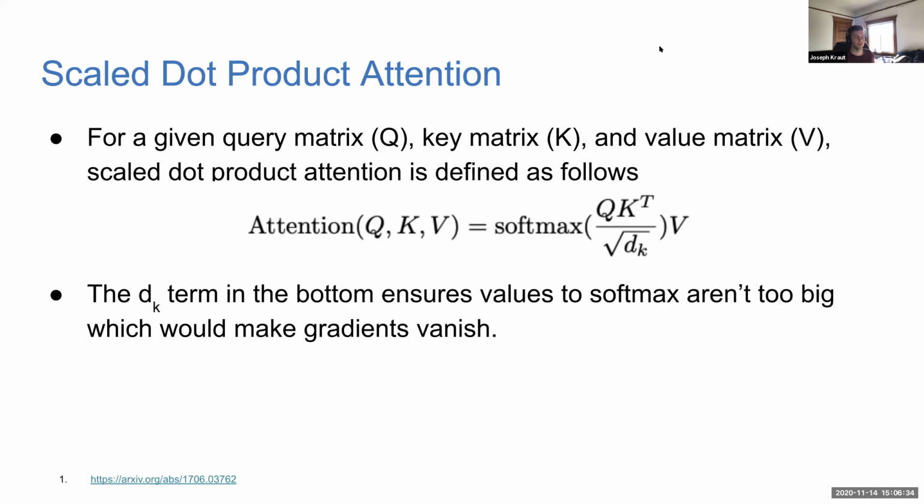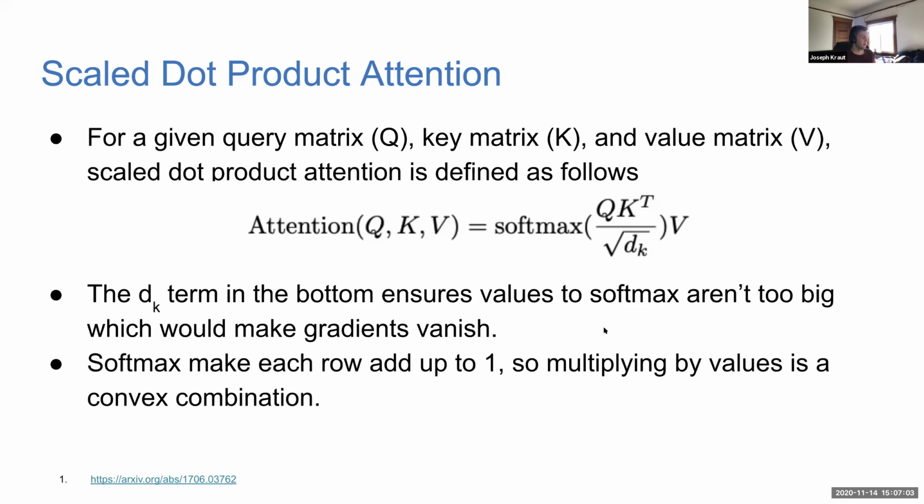I don't know if you were ever shown a plot of softmax or explained the vanishing gradient problem, but if you've heard about vanishing gradients, this DK means we're dividing by the dimension of the matrices, such that values to the softmax aren't too big and the gradients don't vanish. If you haven't heard of vanishing gradient, don't worry about it. But if you have, maybe this gives you a little tidbit. Yeah, and I already touched on that.